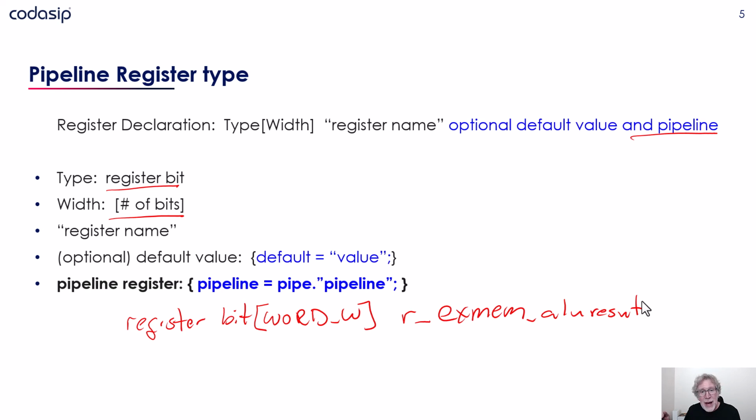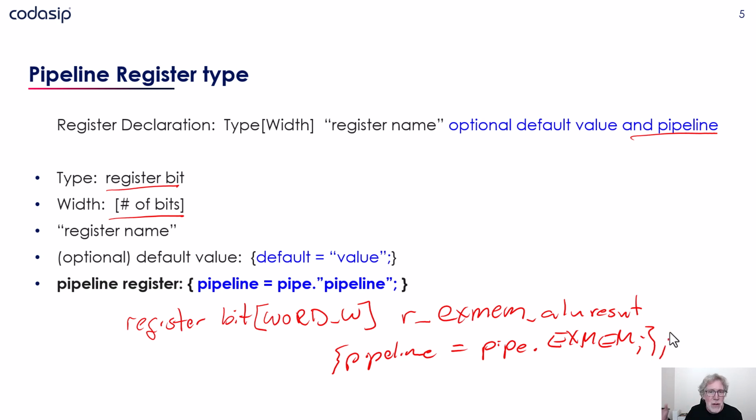Now I also need to add pipeline into its specification, which is open bracket pipeline equals pipe, and it's the EX mem stage, semicolon, close bracket, semicolon. So that is specifying that when you use the control signals for stall for the pipeline stage EX mem or the clear for that stage, it will affect this pipeline register.